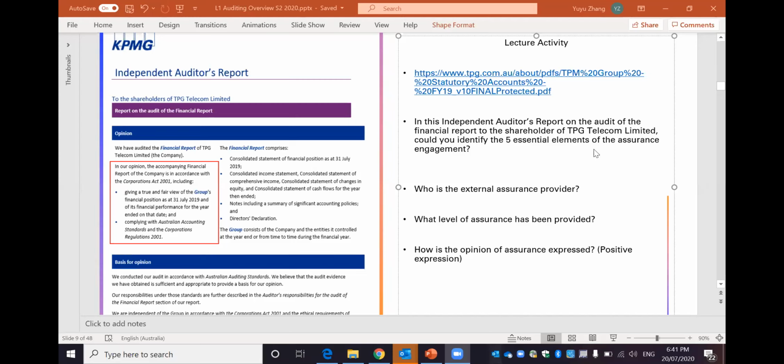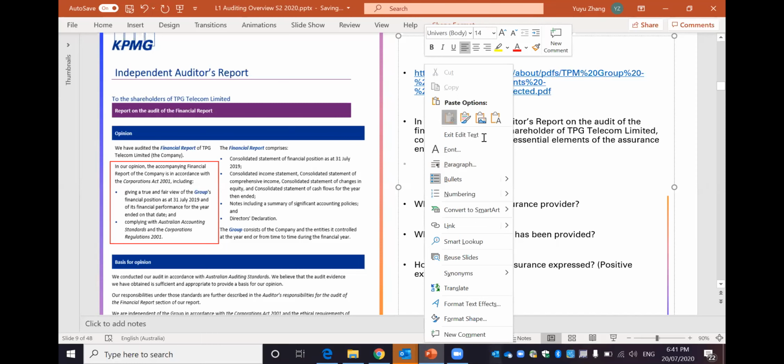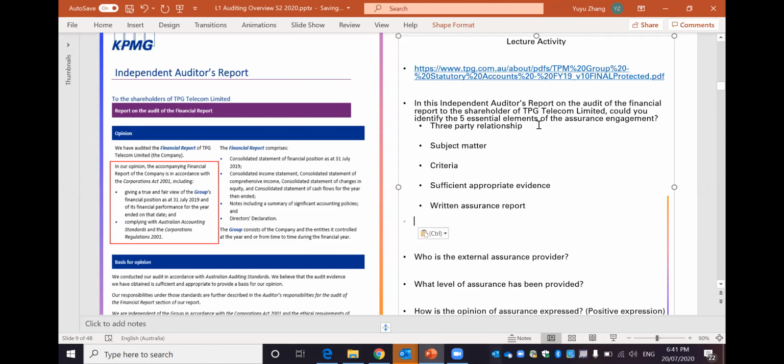All right. So for the 5 elements, we have those 5 elements here, right? Yep. So who are the 3 parties in this audit? TPG, KPMG, and shareholders.